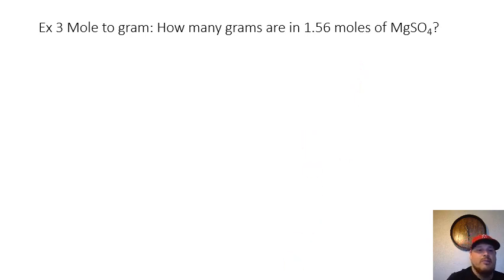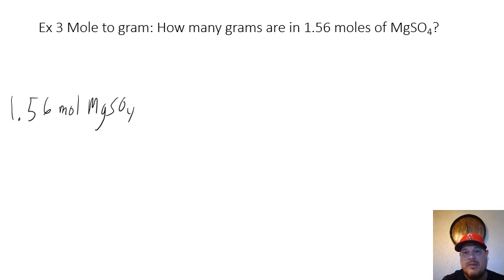Sorry. All right, so I'm going to set up my problem. I'm going to write down what I have first: 1.56 moles of magnesium sulfate. What do I want to end up with? Well, I want to end up with grams of magnesium sulfate.